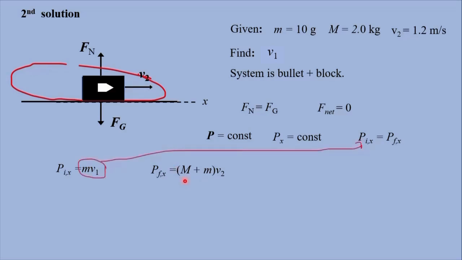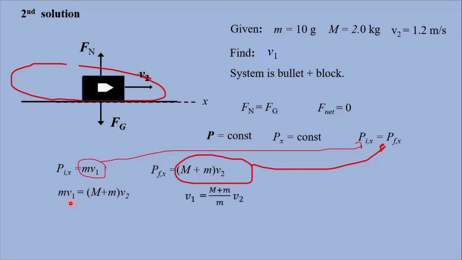Then he plugged these right-hand sides into the equation for the x component of linear momentum and got an equation from which he found v1. The numbers here he plugged in this equation, and the final answer is v1 is 241 meters per second.